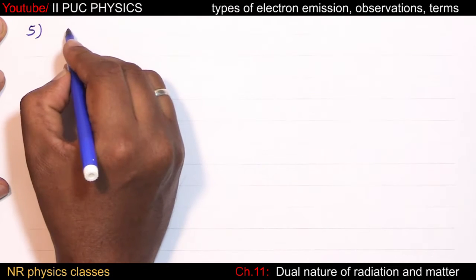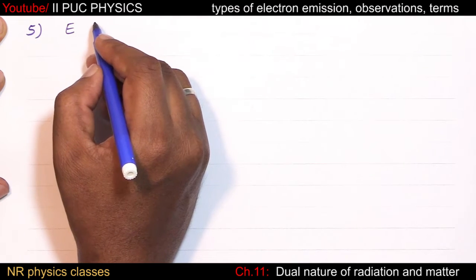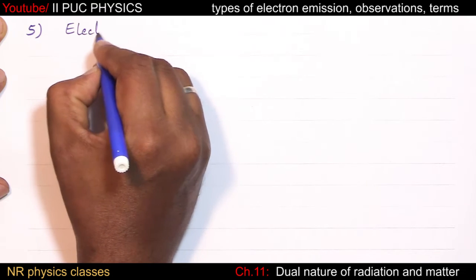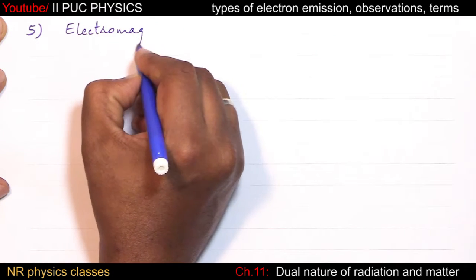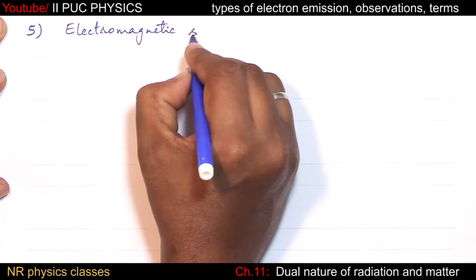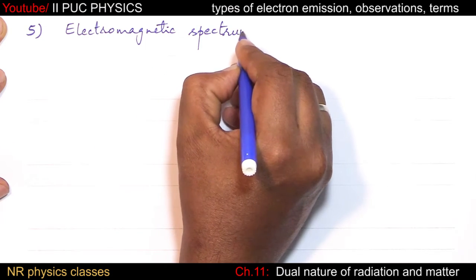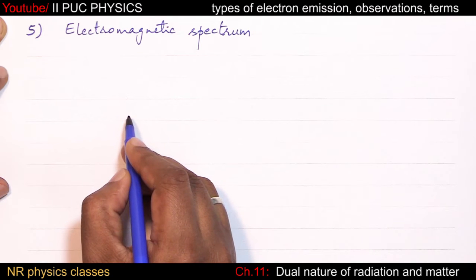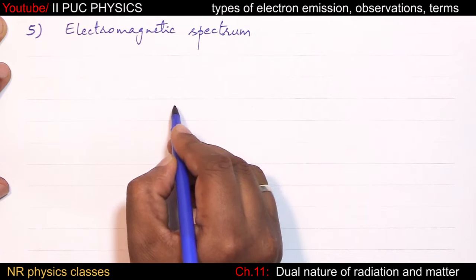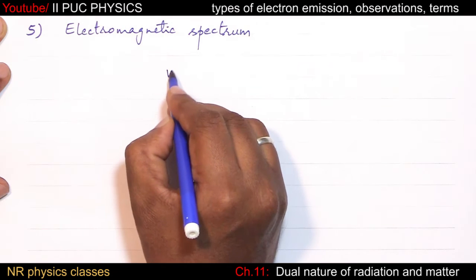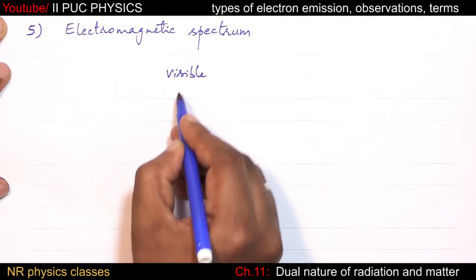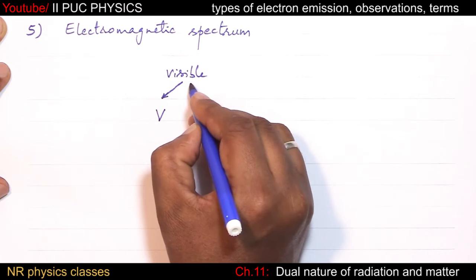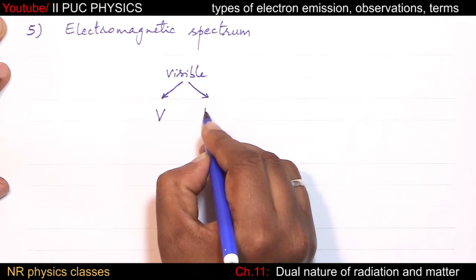Fifth, electromagnetic waves and electromagnetic spectrum. Visible, invisible, shorter wavelength is violet and longer wavelength is red.